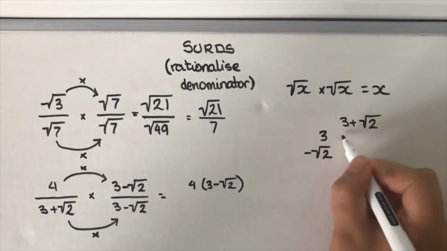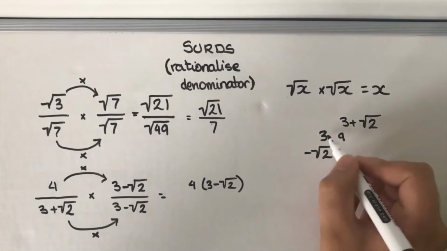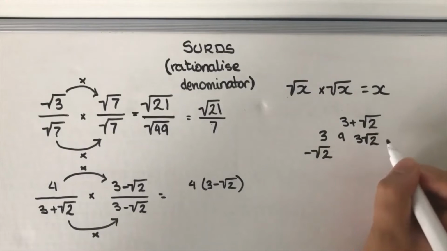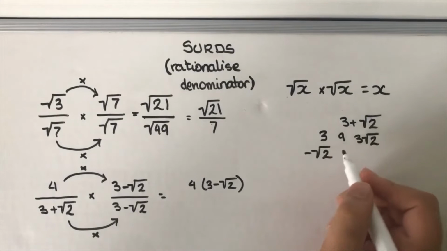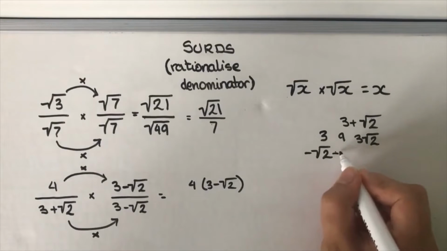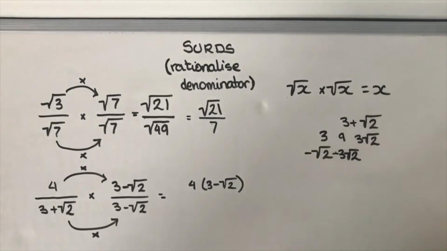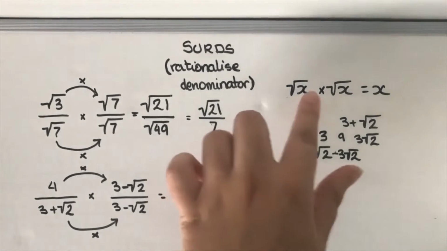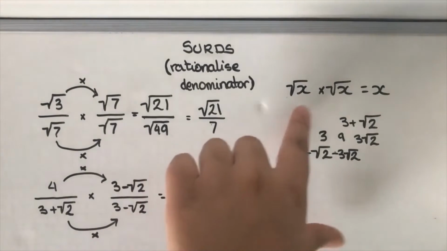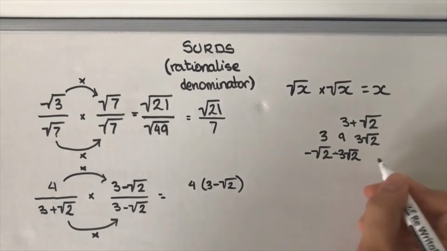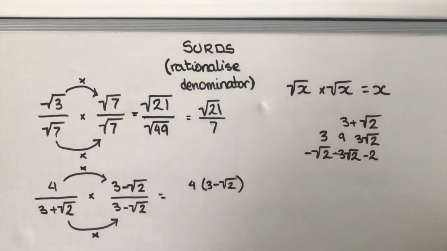We do 3 times 3, giving us 9. We do 3 times root 2, giving us 3 root 2. We do 3 times minus root 2, and because it's minus, we get minus 3 root 2. And we do minus root 2 times root 2. If we remember from here, that means root 2 times root 2 gives us 2. And remember, this one is minus, so our answer is minus 2.